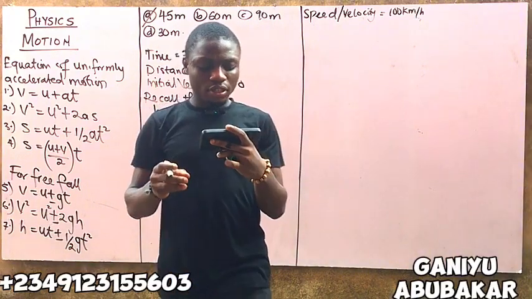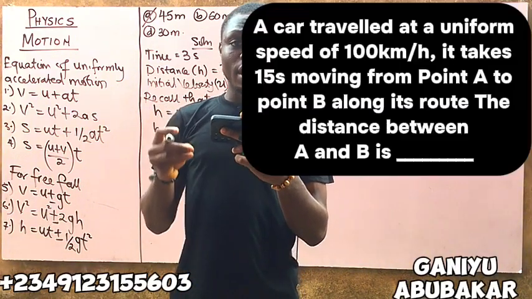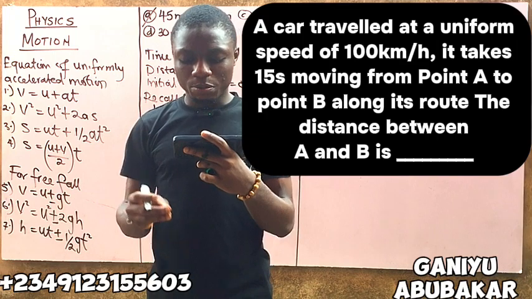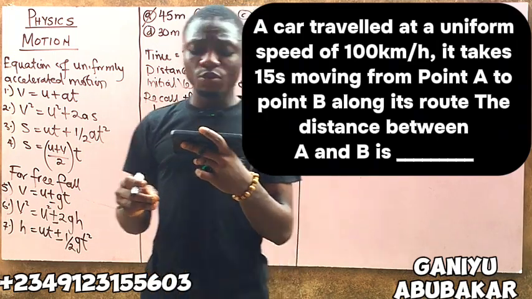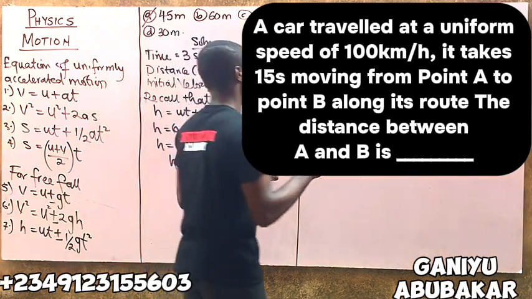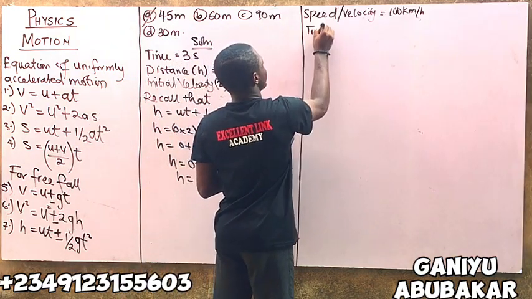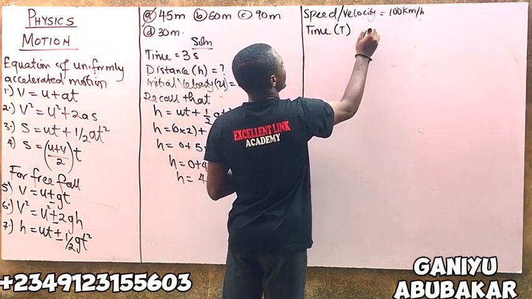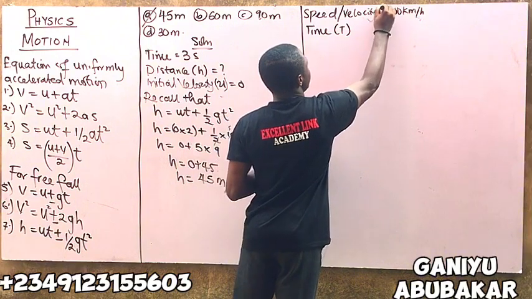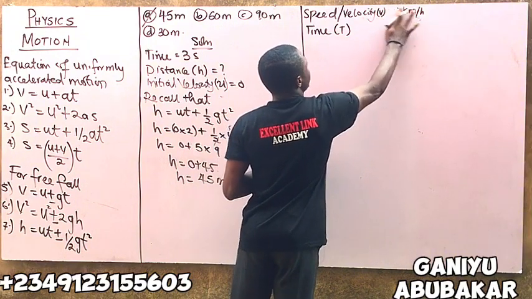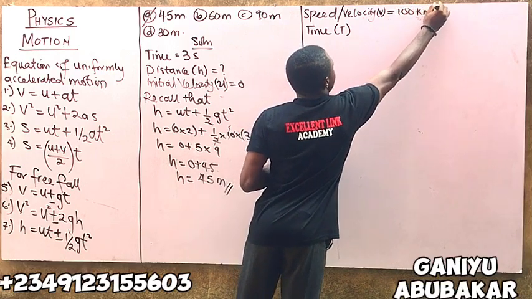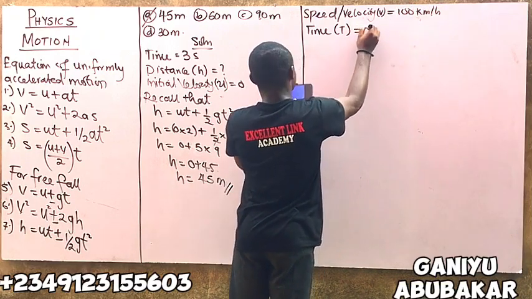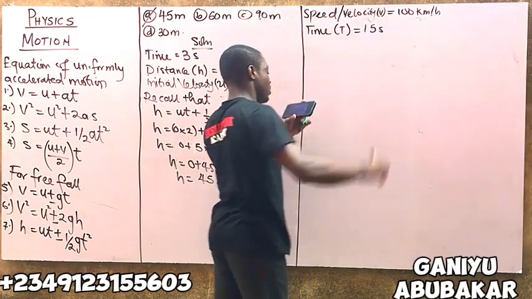So a car travels at a uniform speed of 100 km per hour. It takes 15 seconds moving from point A to point B. So the time taken, that's T, and here is V. So the time taken is T, that's 15 seconds.